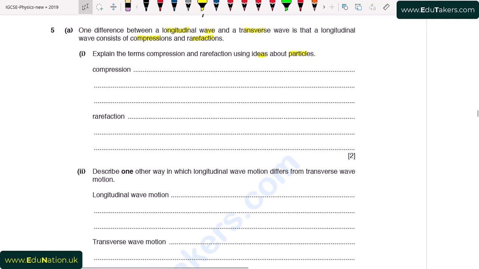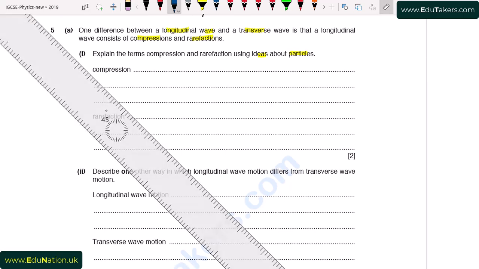So we know that the longitudinal wave consists of compression and rarefaction. The compression is the region where the particles are very close to each other, while the rarefaction is the region where the particles are further apart from each other. So I will draw here.